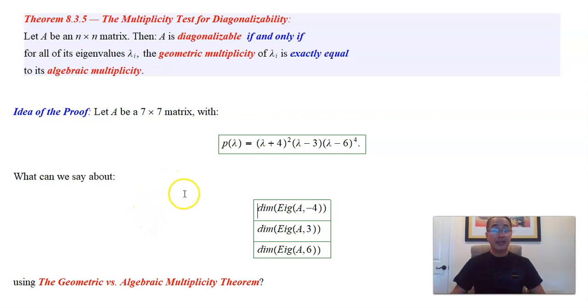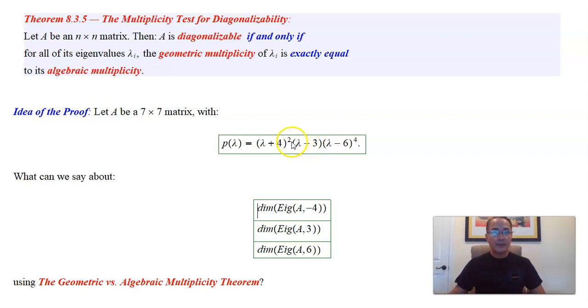Let's start off by playing the same game that we did for our last example, which was 8 by 8, I believe. Okay, so this is now a characteristic polynomial where all of the roots are real. We have -4, 3, and 6 as our eigenvalues.